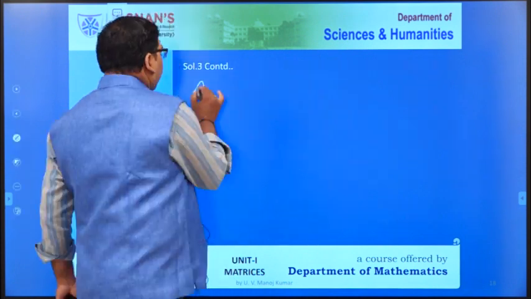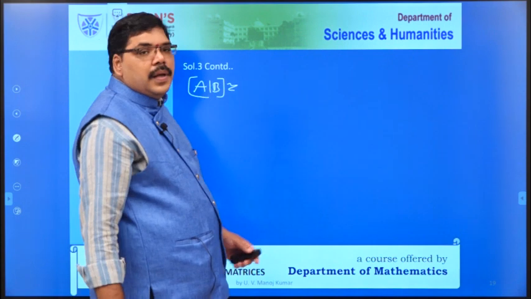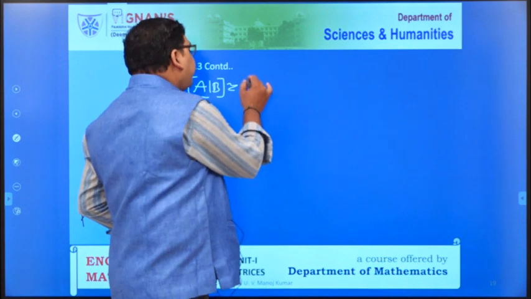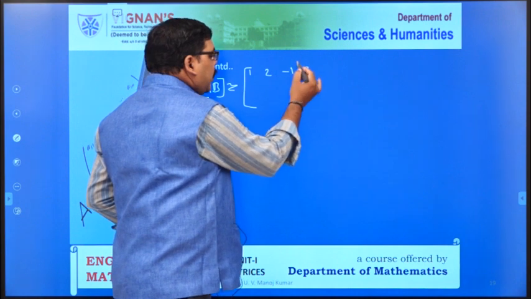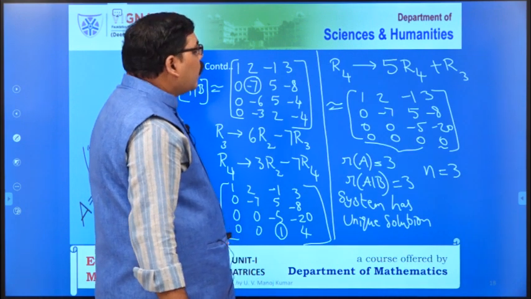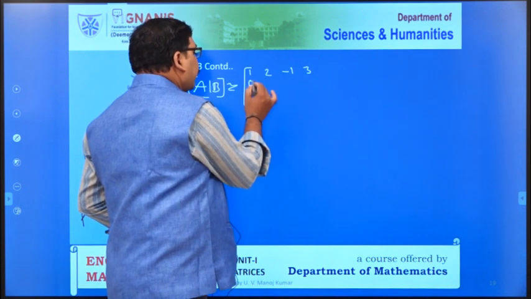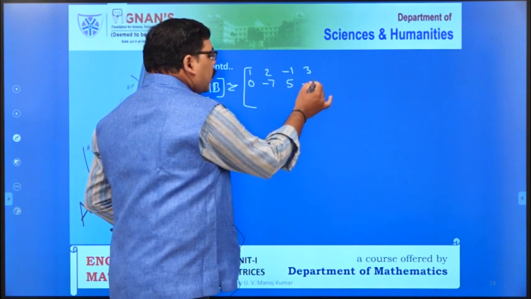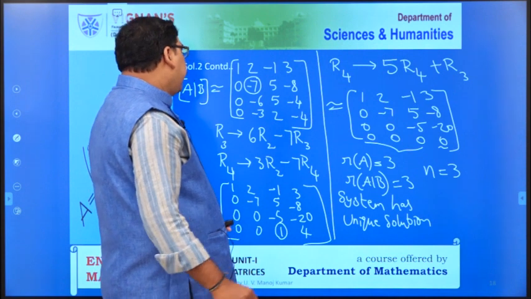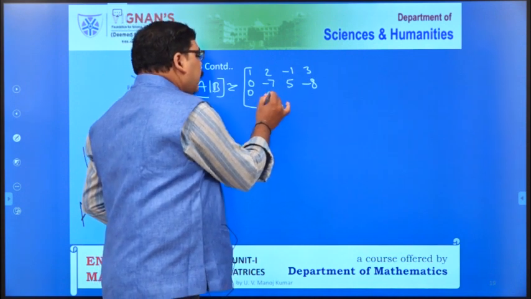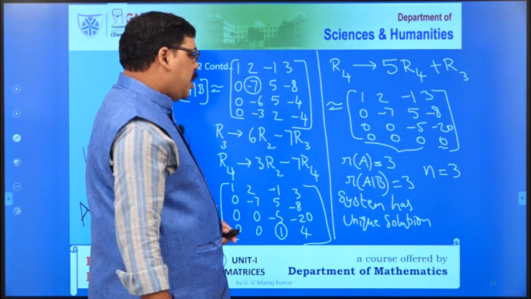The reduced augmented matrix is 1, 2, minus 1, 3; 0, minus 7, 5, minus 8; 0, 0, minus 5, minus 20; and the last row all zeros.